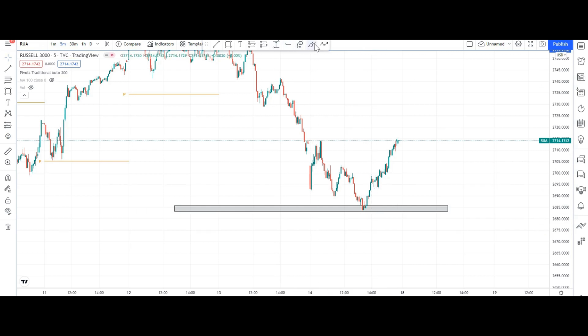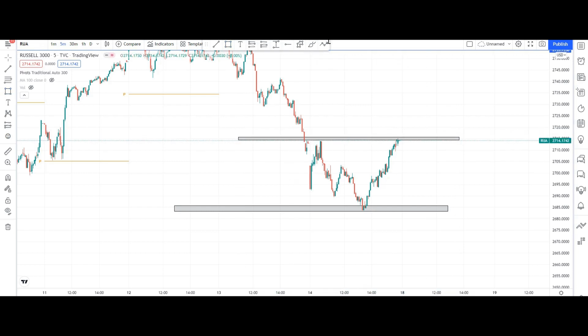So right now what we can see is that if it has to continue, then one second, I will make a resistance area right now here. This is one of the major resistance areas.